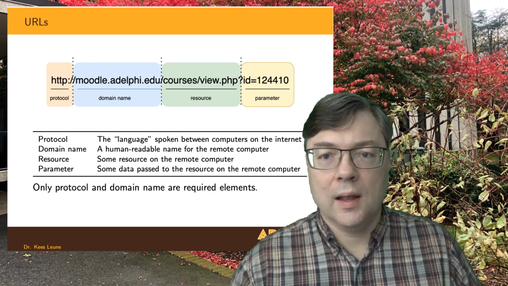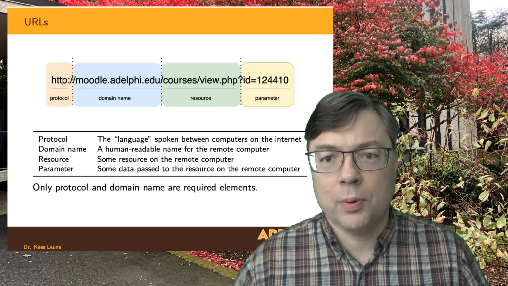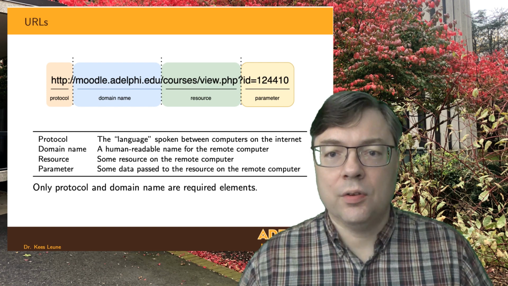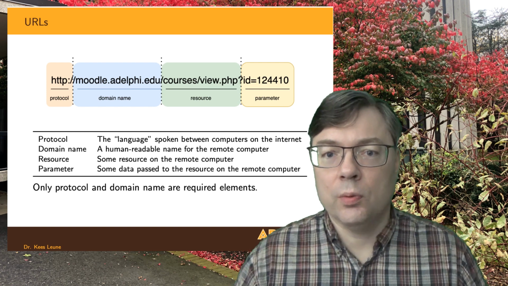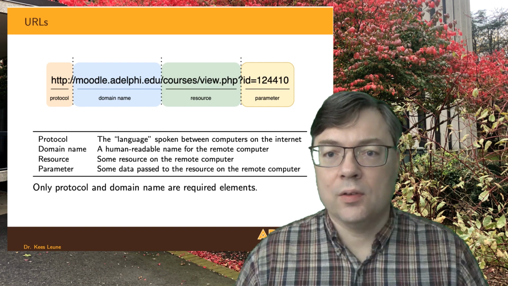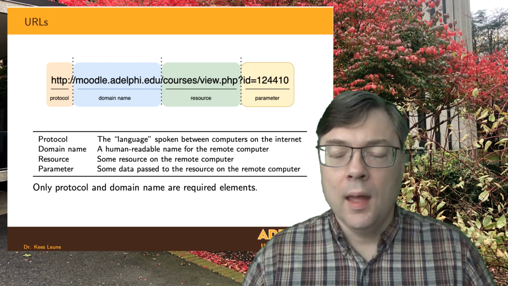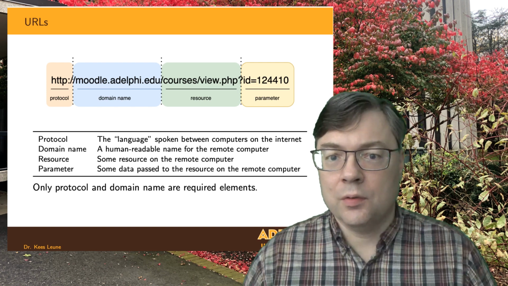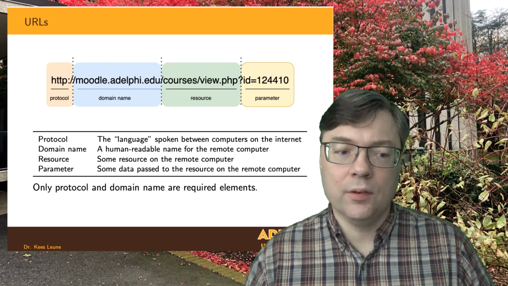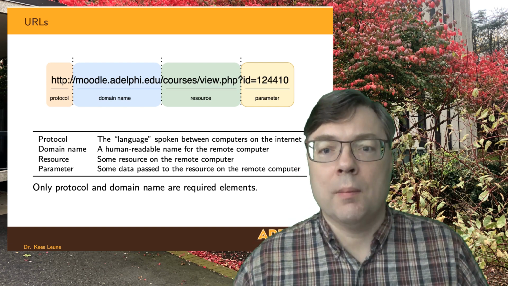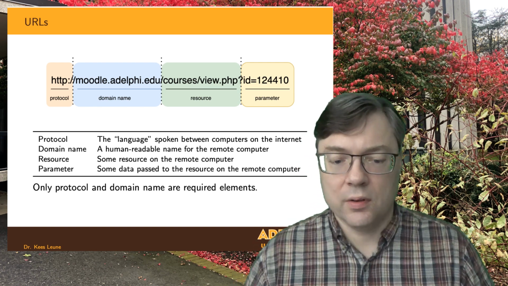So the first part, the HTTP or HTTPS part, is called the protocol, and that's an indication for the language that our computer will speak when it tries to access resources across the internet from this particular computer. HTTP is the Hypertext Transfer Protocol. It's a request-response protocol used to load, amongst things, web pages, images, videos across the internet.